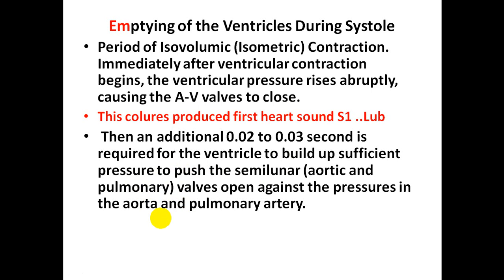And at the end of this period, what's called the period of isovolemic contraction or isometric contraction, the pressure is pulled up too much. It reaches above 80 millimeters of mercury. This is more than the pressure in the aorta and pulmonary artery.